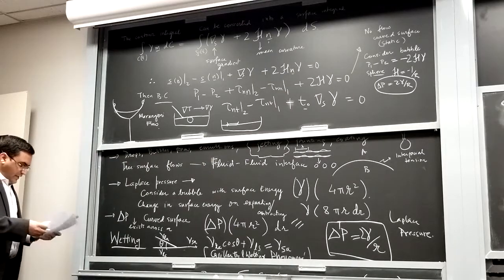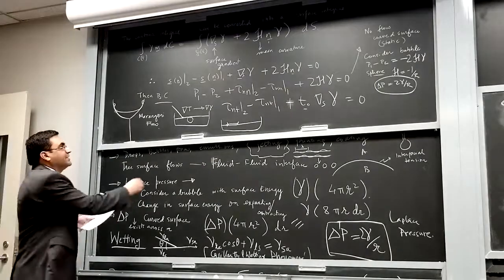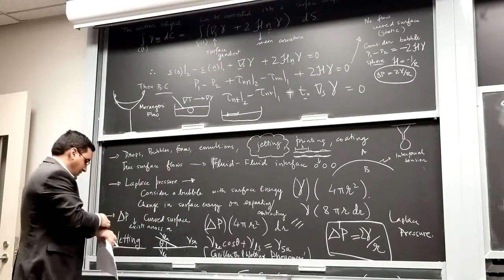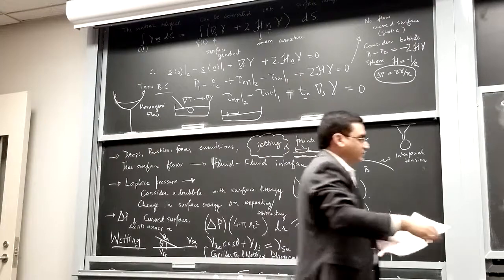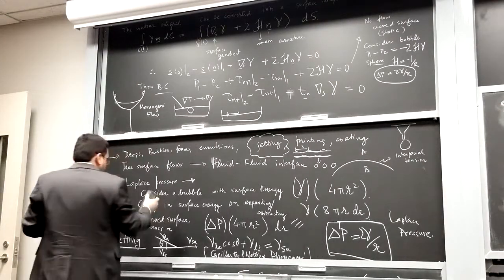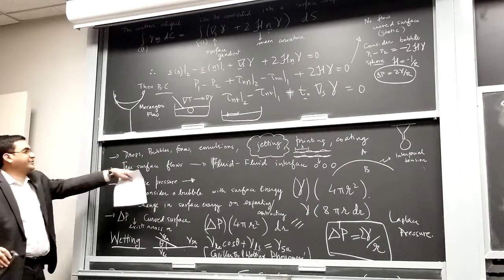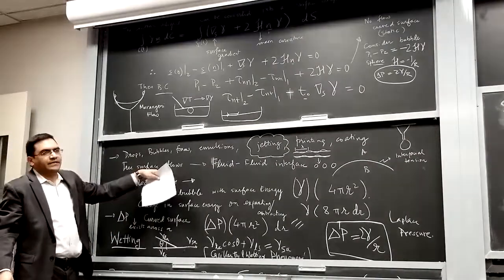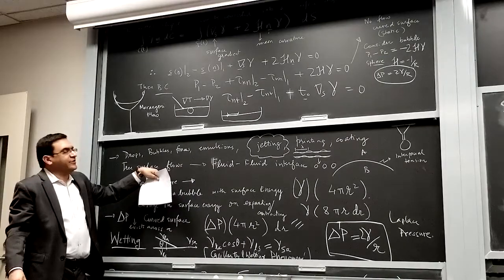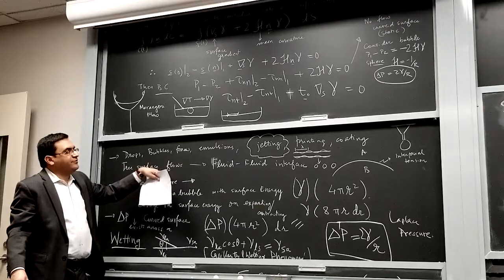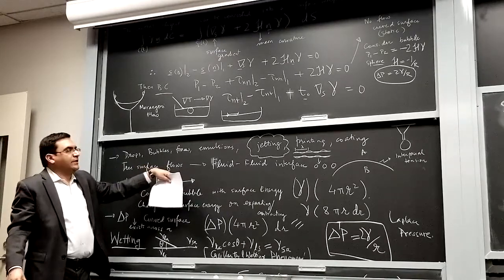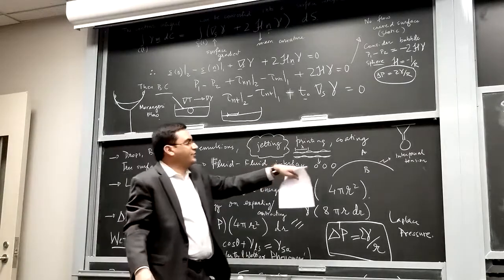Now, the next question is, how do you actually get this curvature term? It turns out that description of free surface flows is much harder than flows within channels for one reason. That reason is you have to solve not only for the velocity field or pressure field, but you also need to solve for the shape of the interface.